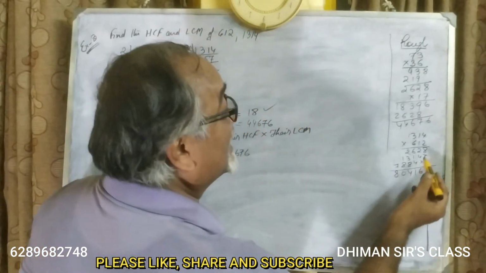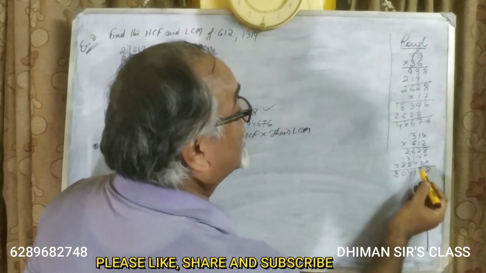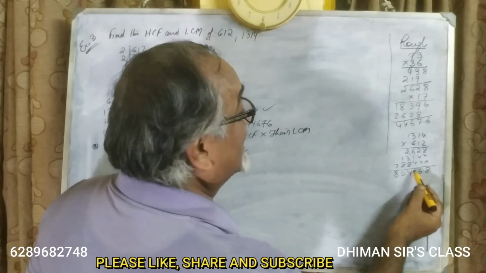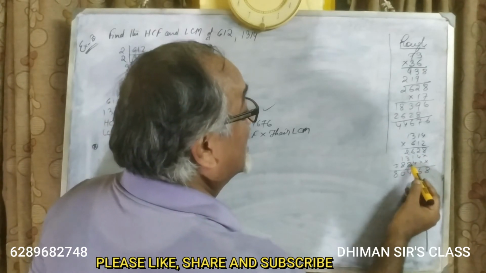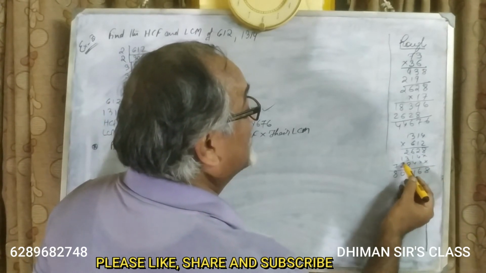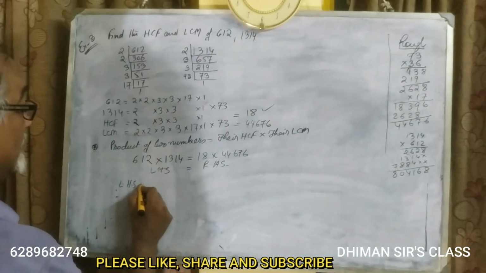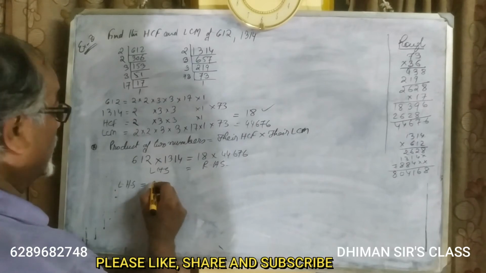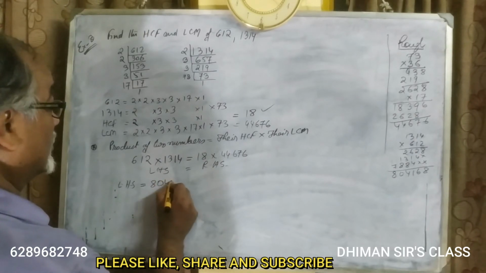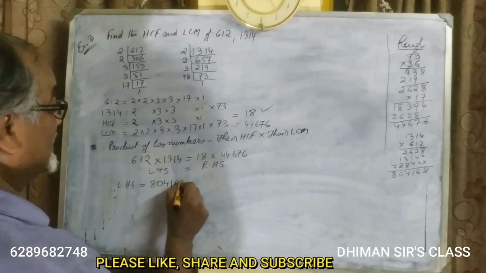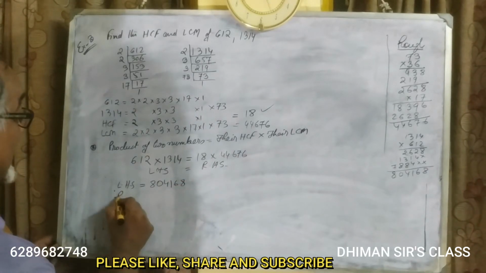Let me check up once again. 8. 2 plus 4, 6. 6 plus 4, 10 plus 1, 11, carry 1, 4, 10, 14, carry 1, 9 plus 1, 10, carry 1, 8. So LHS is equal to 804168.